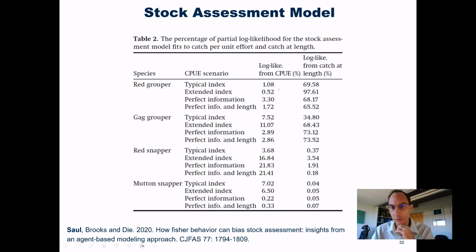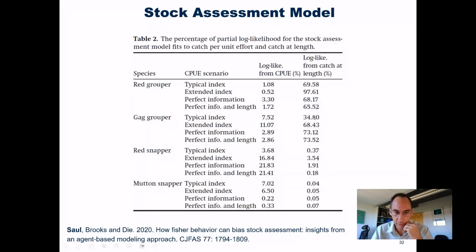So when you look at partial log likelihoods coming out of these stock assessment models for these various scenarios, you would see that the perfect information and length scenario doesn't necessarily always get you the lowest percentage of log, or sorry, I should say, helps explain a lot of the log likelihood.